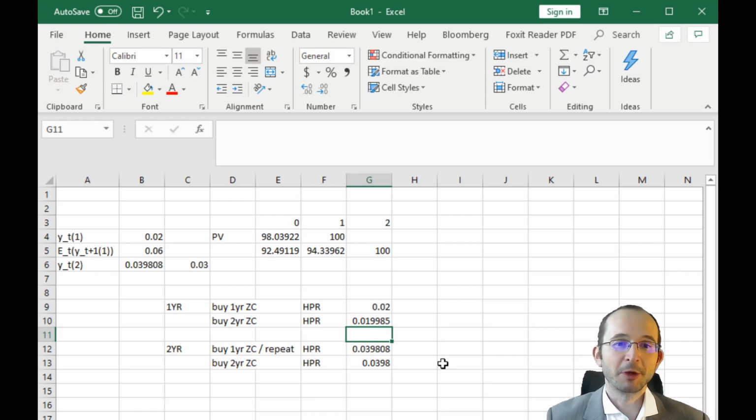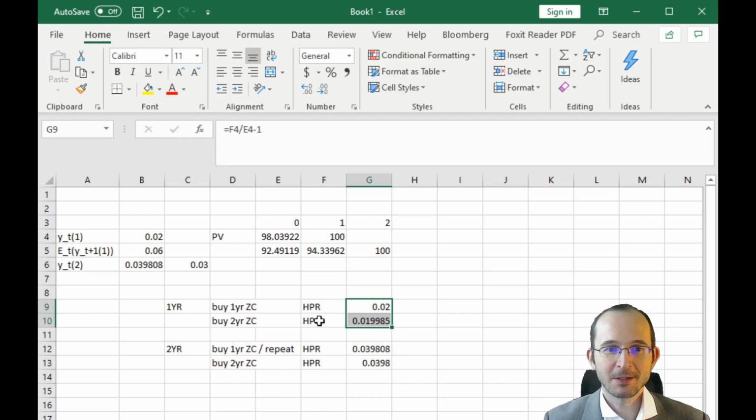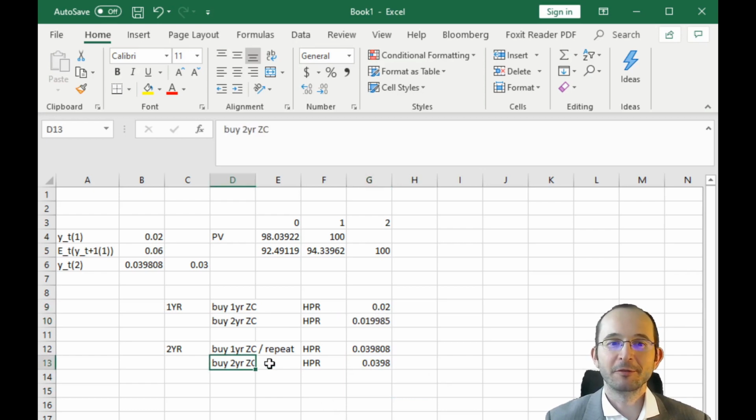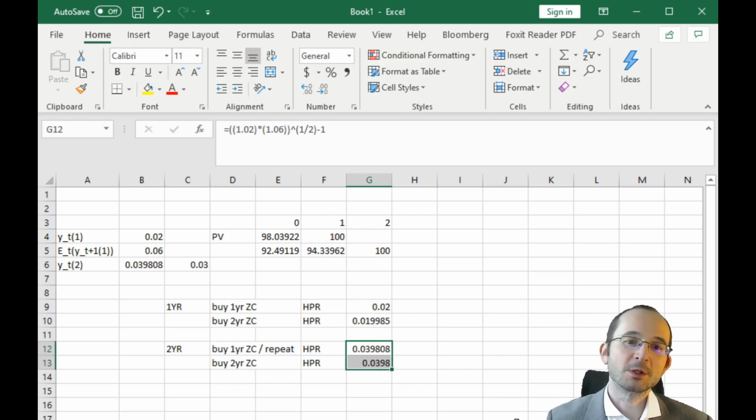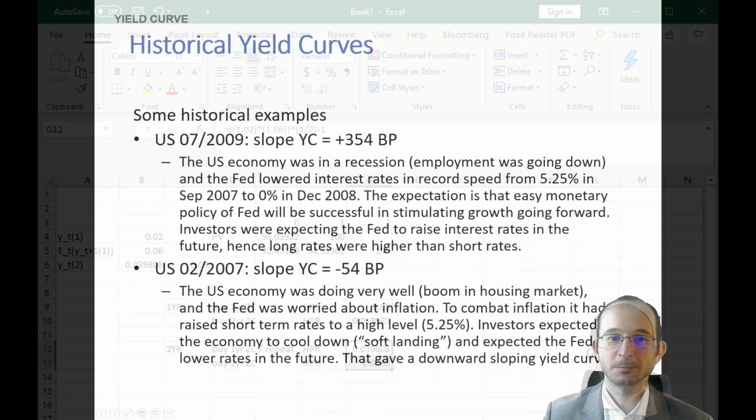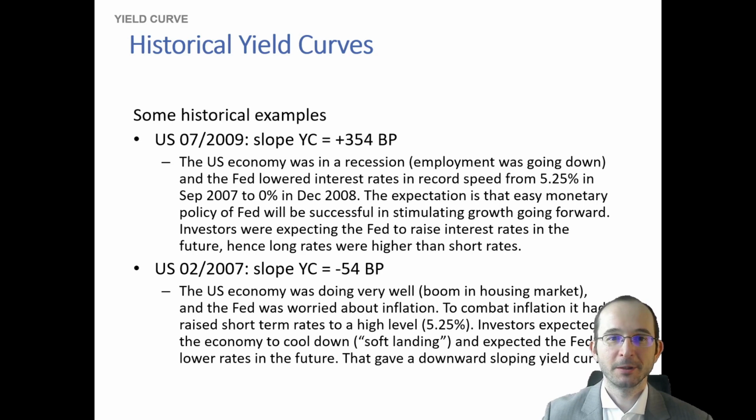The expected holding period return for different time horizons, whether you invest in the short term twice, or if you invest in the long term and hold to maturity, it's actually the same, which is analogous to the yield curve actually being flat. Okay, hopefully that makes sense.